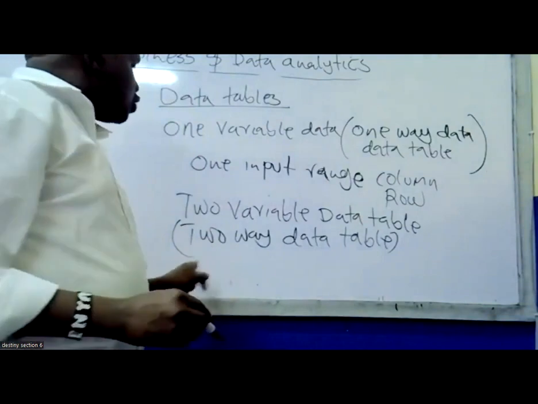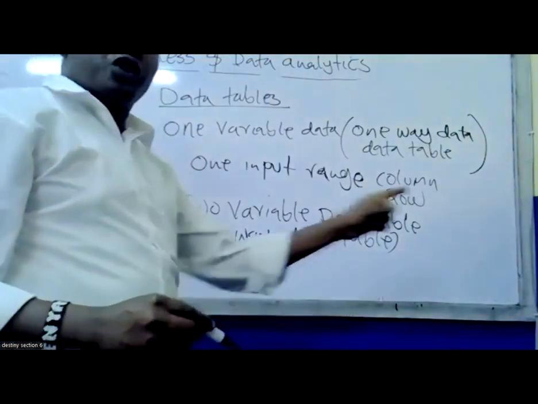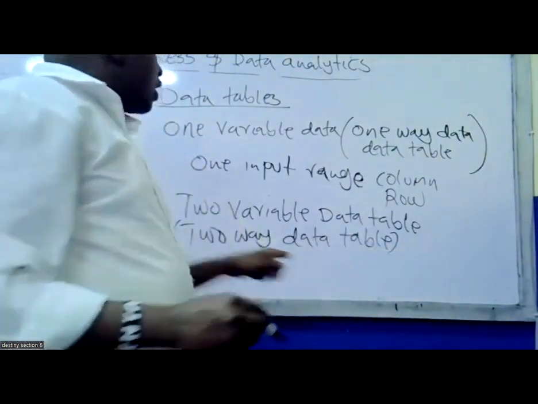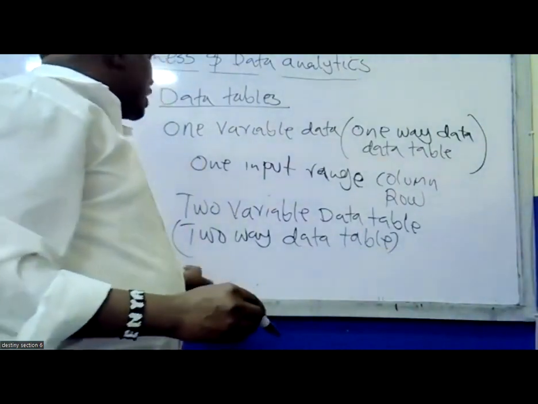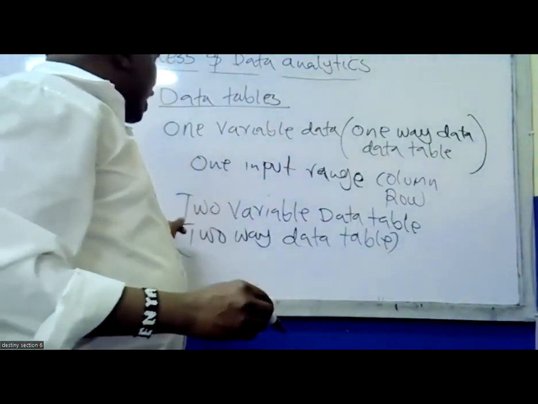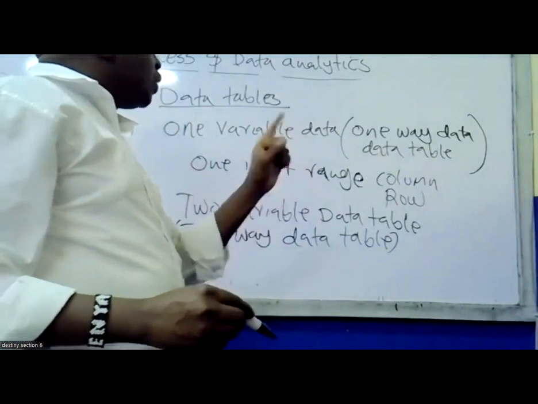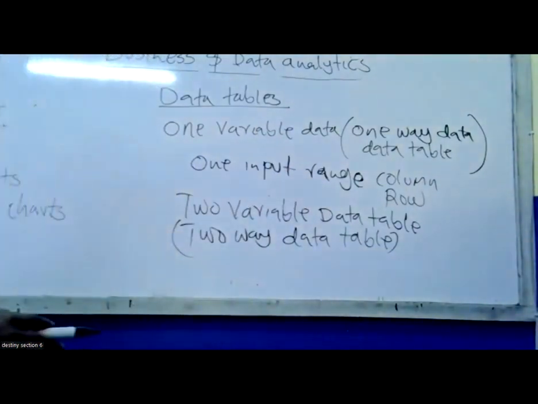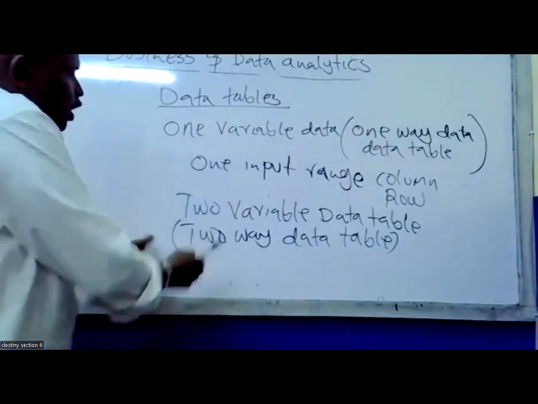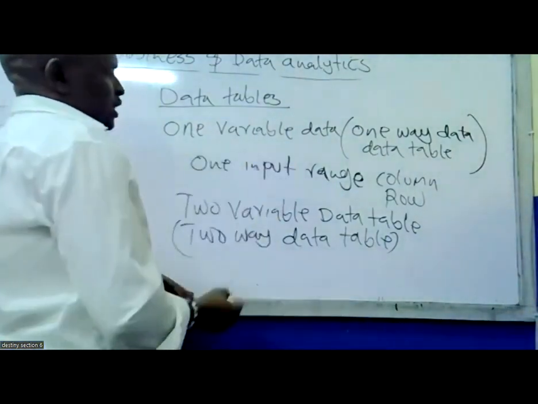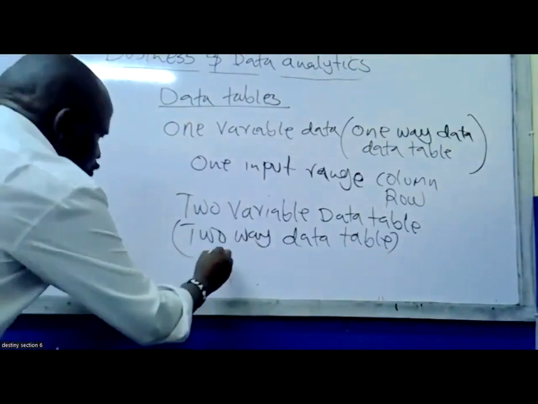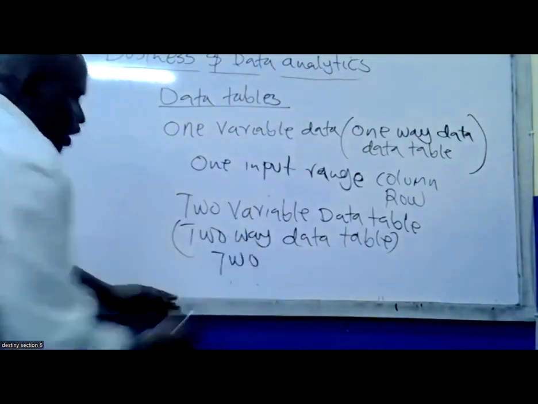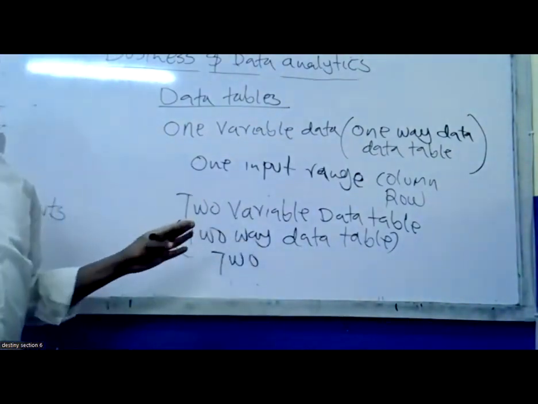So wakisema that use the two-way data table to solve this question, hiyo inamaanisha nini? It is what they can call the two variable data table. So for this case, we use both input ranges, two input ranges are used. I will just demonstrate it practically.